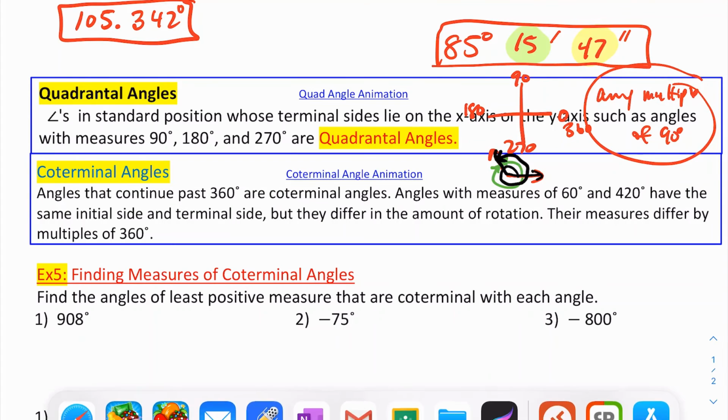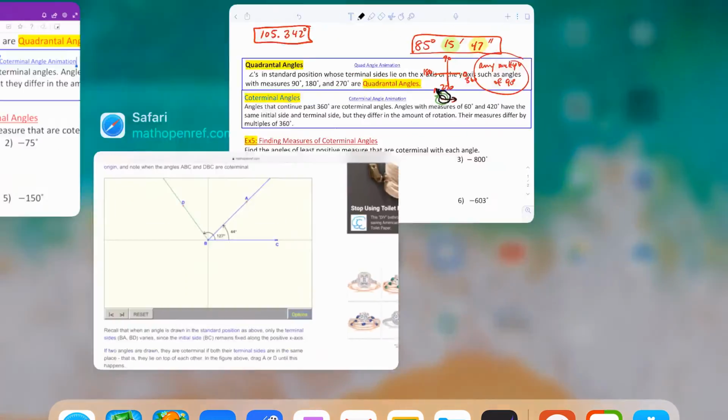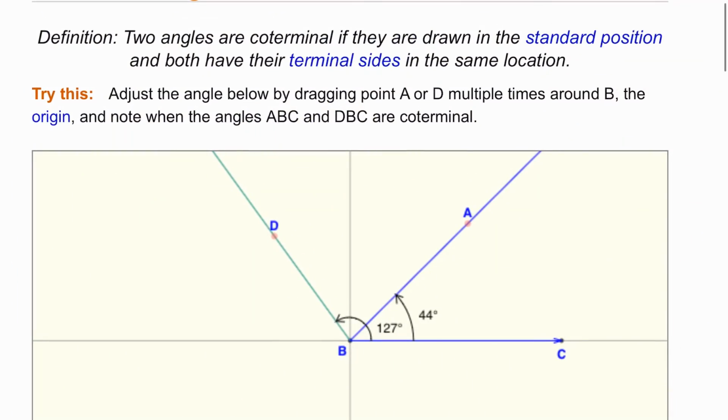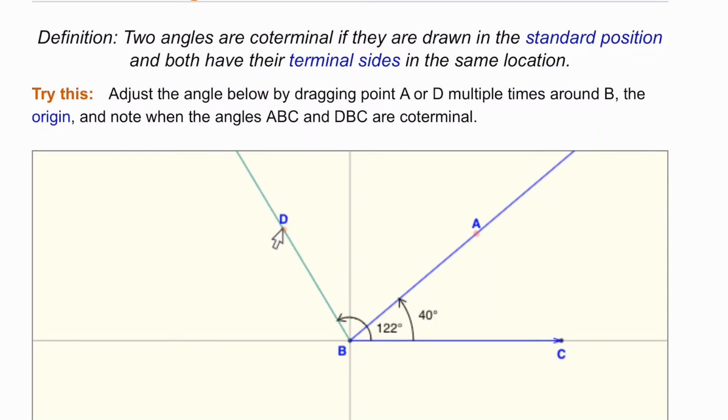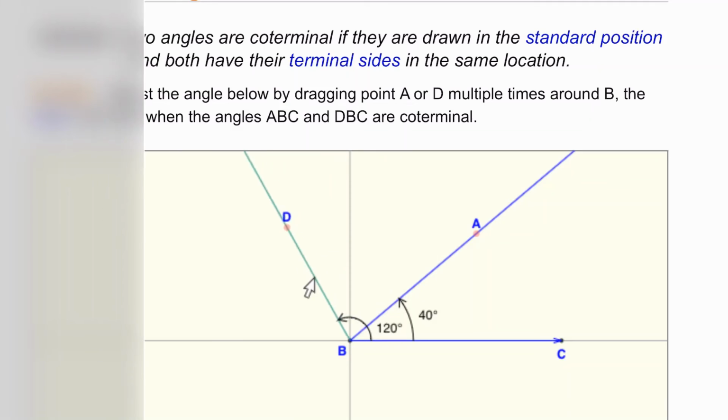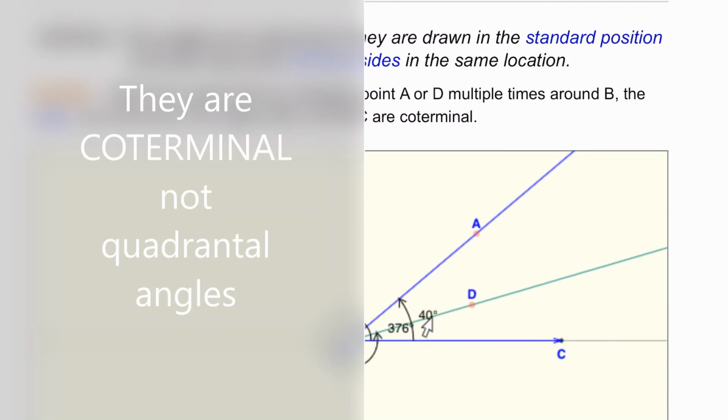So let me show you an animation of that so you can have a better idea of what that is. So right here, this angle CBA, let me put it at 40 degrees. The other angle, if I go around, you can see that the angle is at 400 degrees.